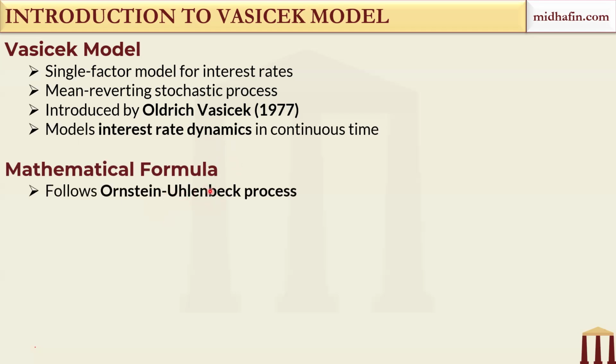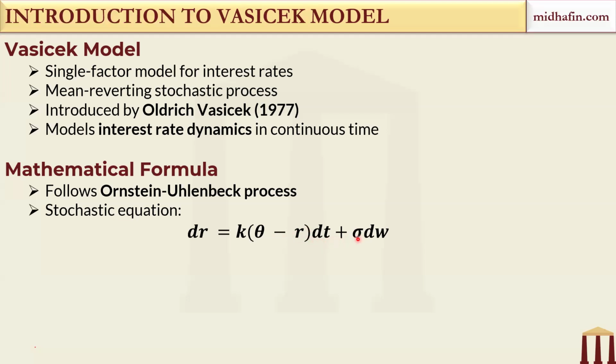Okay, fancy name, of course, but all it really means is that the interest rates change in a way that balances two things: a natural pullback to the average rate and random market fluctuation. So this is how the equation looks: dr is equal to k times (theta minus r) multiplied by dt plus sigma dW.